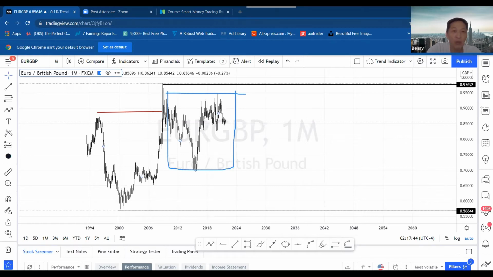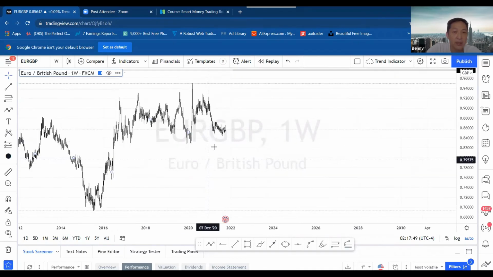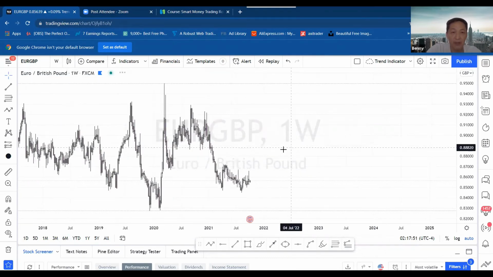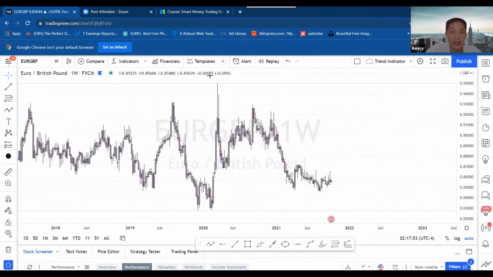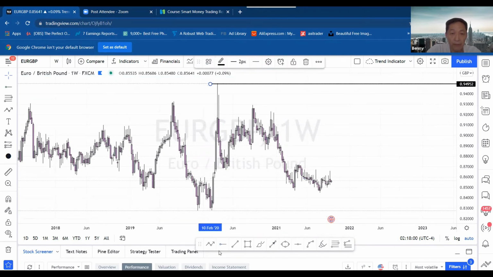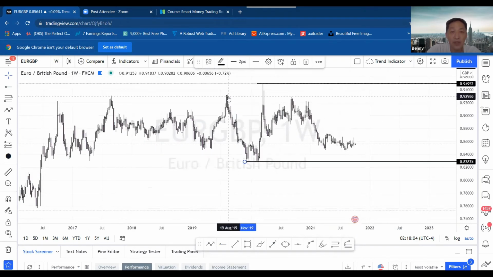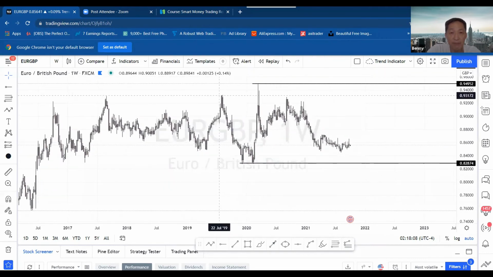So what I showed you just now when I went to the weekly time frame is we focus on this area, right? Weekly, this is the high. Okay, this is a weekly low. We have a break of structure here. So we say that weekly is bullish.